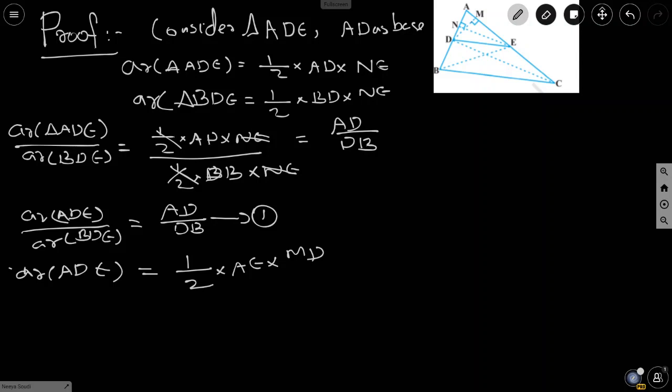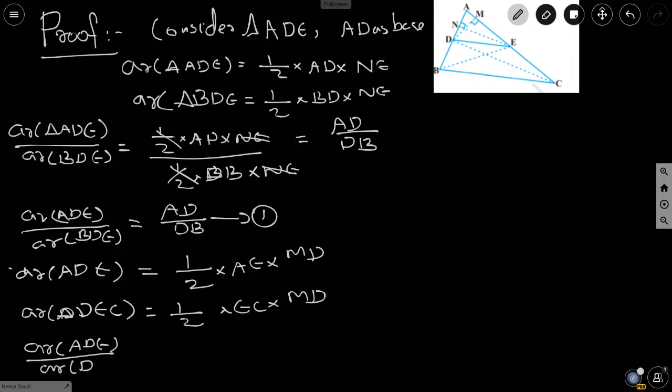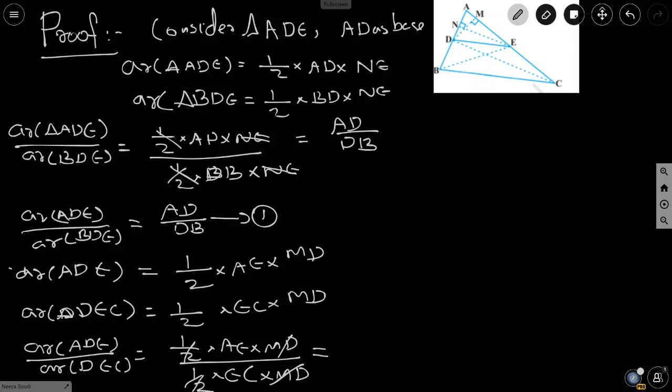The next is DEC, area of triangle DEC is equal to half into EC into same like exterior altitude, we will get MD. Then we will divide this area of ADE divided by area of DEC is equal to half into AE into MD divided by half into EC into MD, which is equal to MD cancel, half cancel, AE by EC.